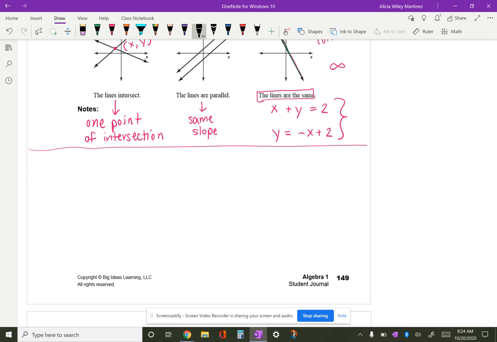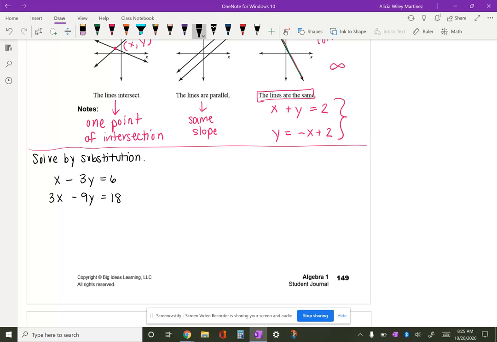We are going to solve by substitution, since that's what we had just recently talked about. We're going to solve the system x minus 3y equals 6, and the second equation in the system is 3x minus 9y equals 18.